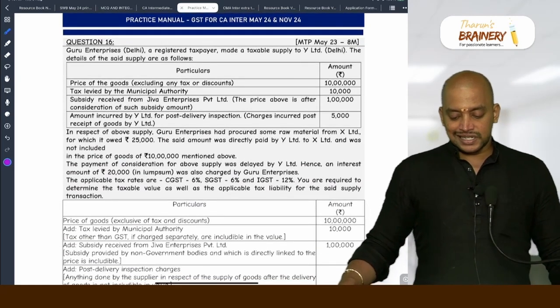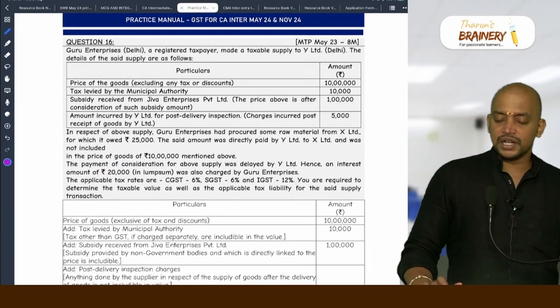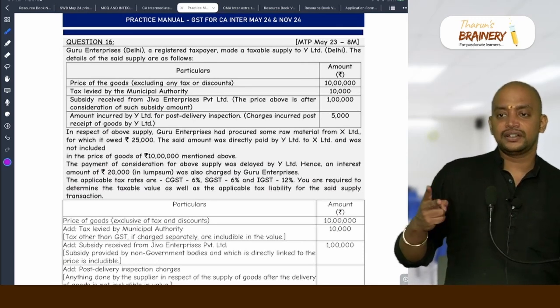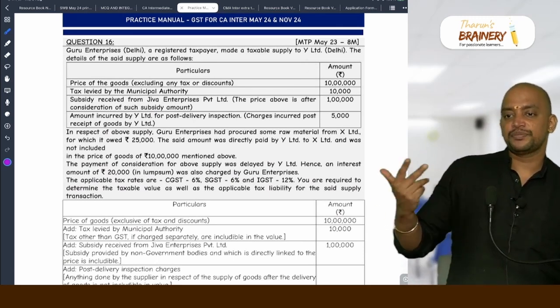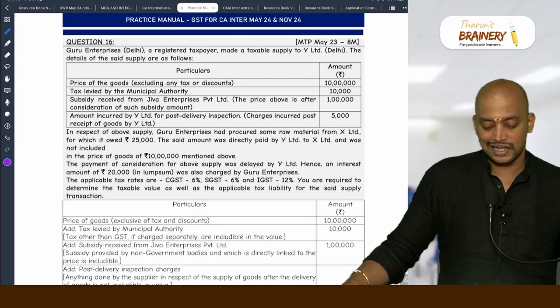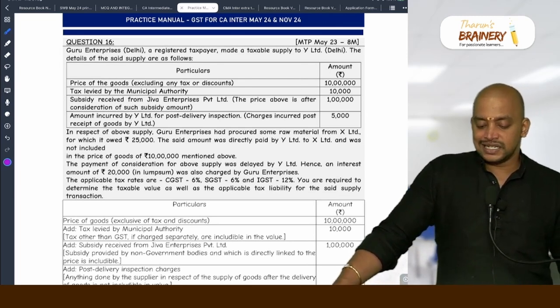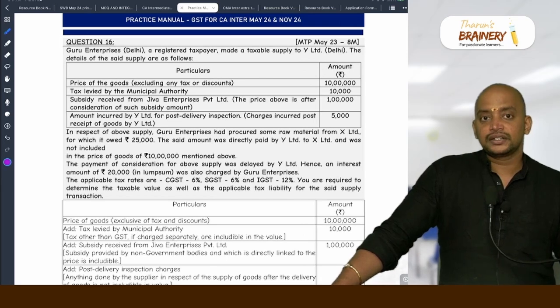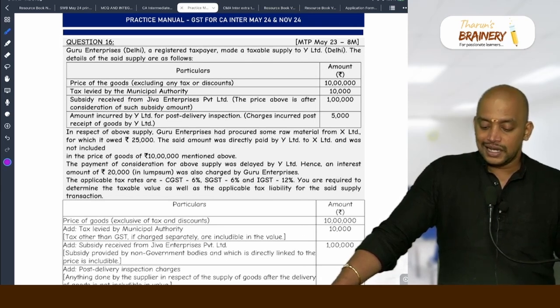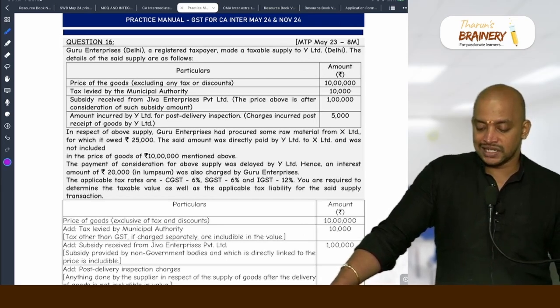Then question number 16, sir, two MTPs, usually two series they will give, na? MTP series 1, MTP series 2, like that. That is this another. Guru Enterprises Delhi, a registered taxpayer, made a taxable supply to Y Limited Delhi.